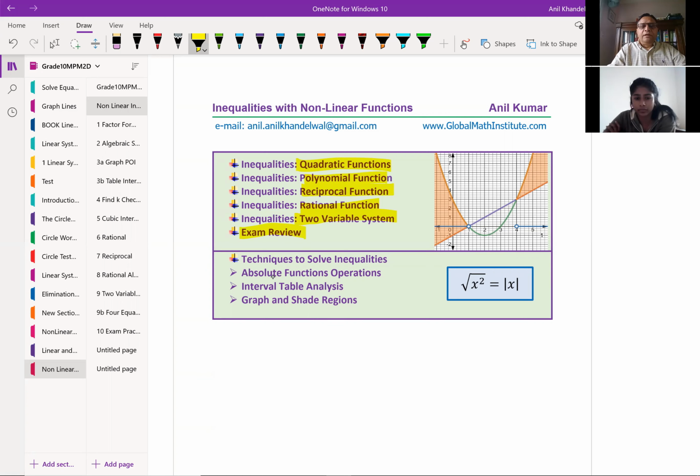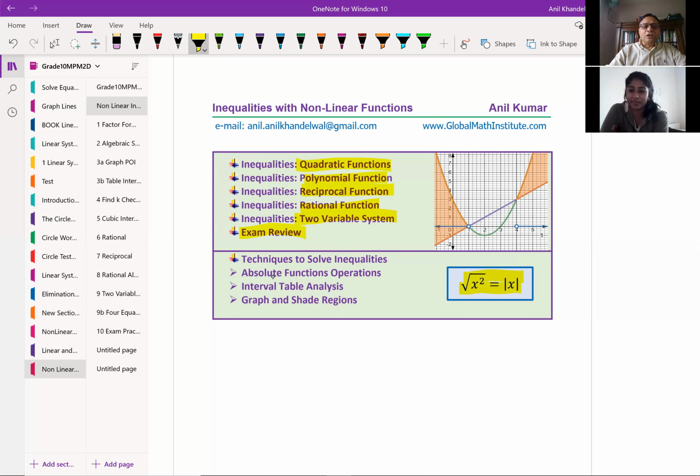Now, before jumping into nonlinear inequalities, I want to focus on one particular thing which is very critical in the solution of nonlinear inequalities, and which is: what is the square root of x squared? Absolute value of x. Perfect. That is so critical. If you make that mistake, then most of the solutions can go wrong, especially when you're dealing with the algebraic solution to quadratic inequalities.